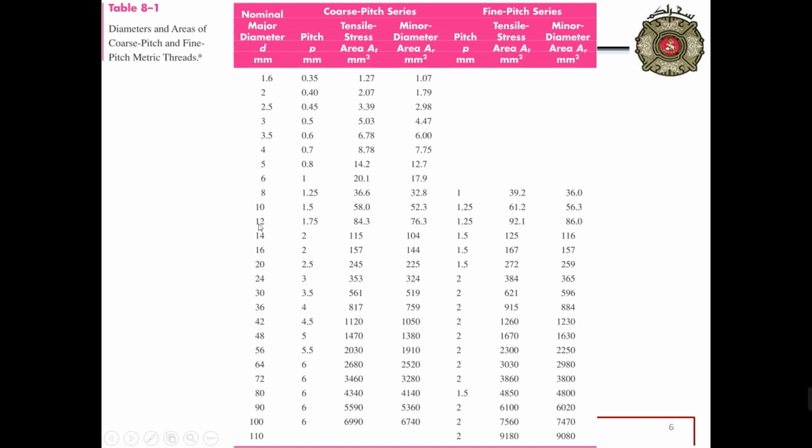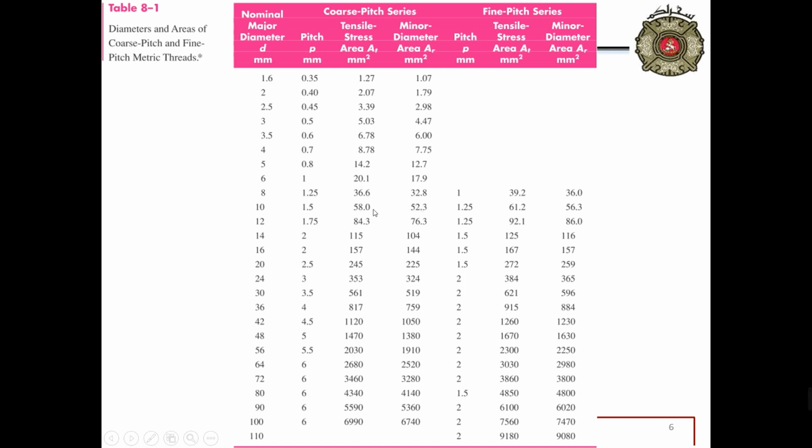For example, for a 12 diameter, this diameter is the maximum diameter of the bolt. For 10 diameter, pitch is either 1.5 or 1.25. The tensile area for M8 is 58 square, and the minor diameter area is 52.3.